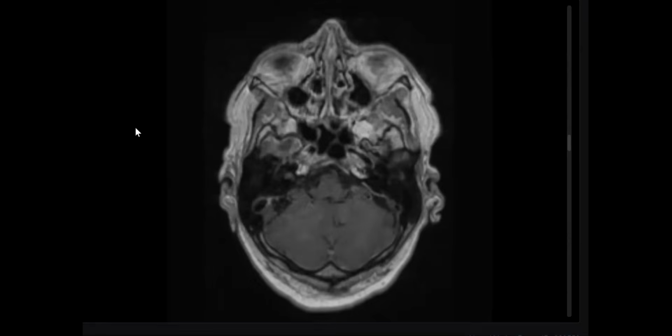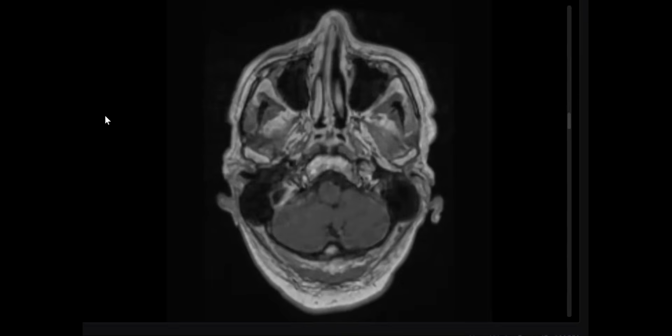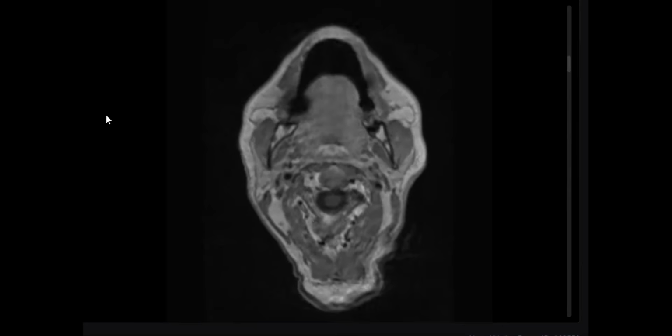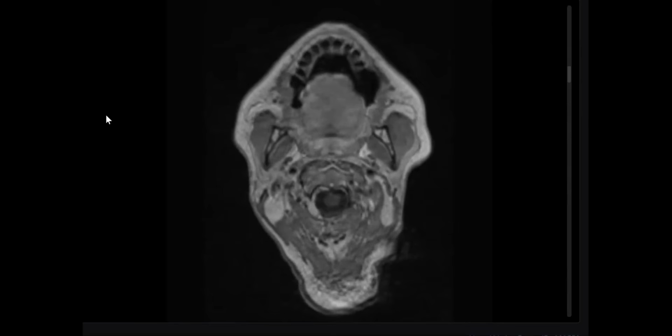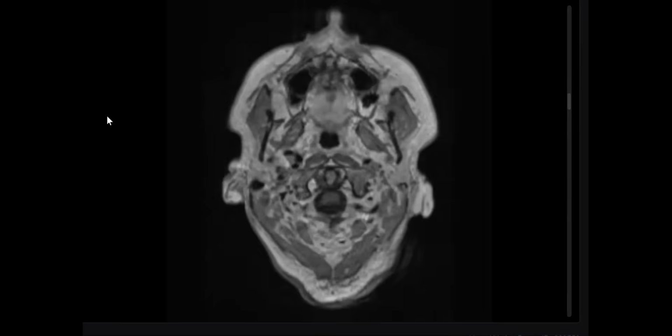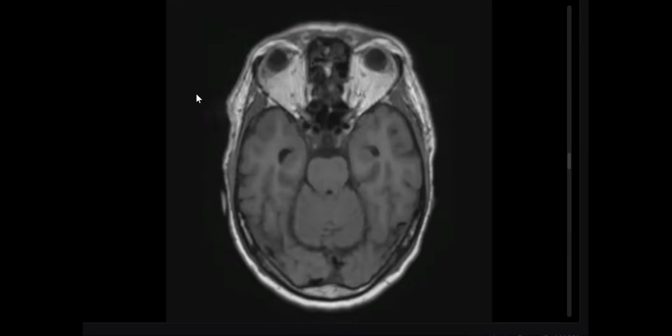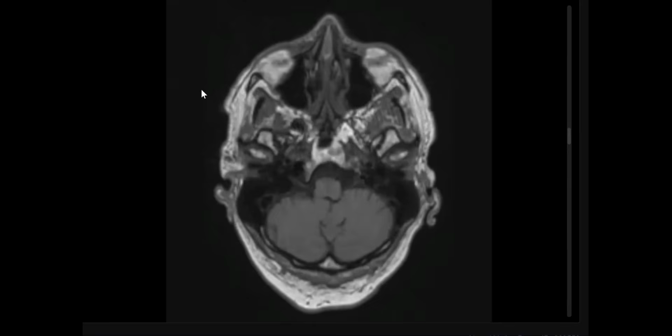Actually, the patient came after a couple of days with deterioration of the condition. Let's see this sequence and tell me what happened.